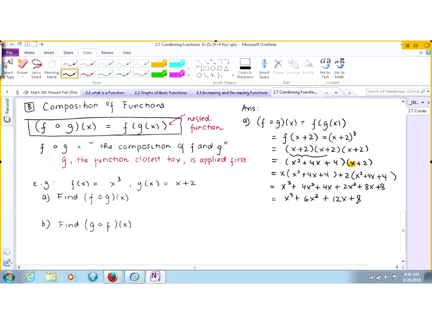Now, what about g circle f of x? So write it as a nested function first. So this will be g of f of x. Yes. All right. So this is g of x cubed. So what is g of x cubed?